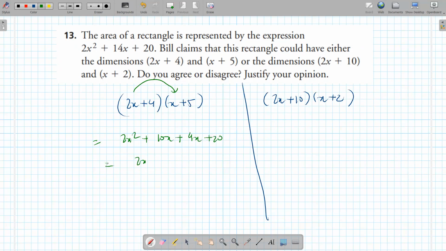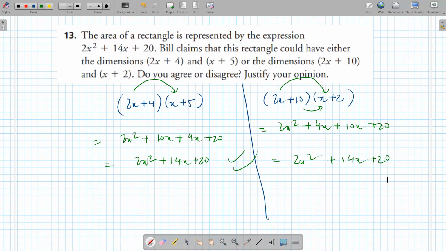So this becomes 2x squared plus 14x plus 20. So that checks out. Let's try doing the same thing with this. 2x squared plus 4x plus 10x plus 20. Yeah, that one checks out as well. So therefore, both of these claims are valid, okay? They could both be the dimensions of the, what is this, rectangle?